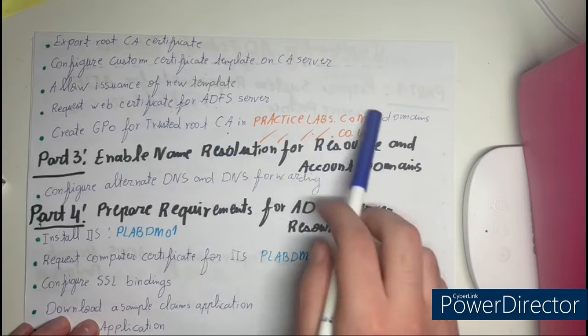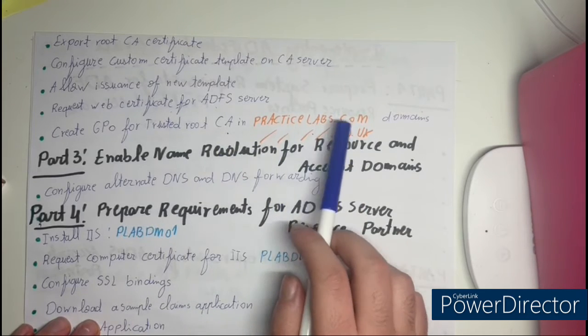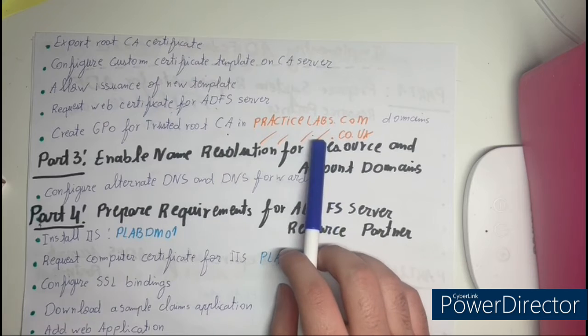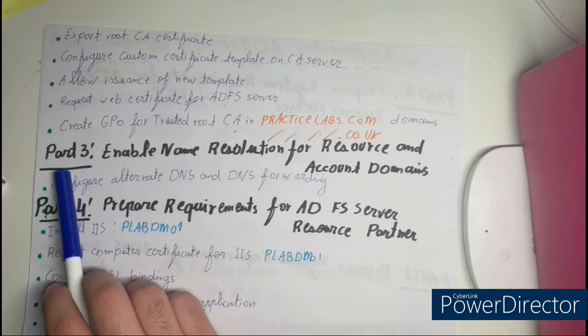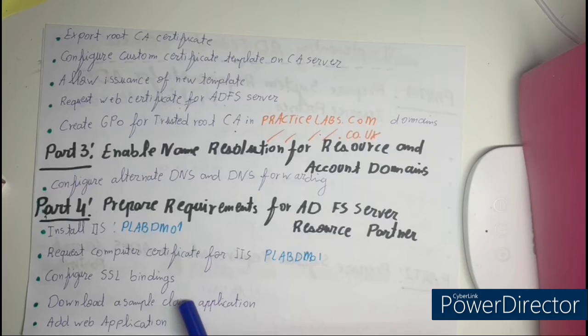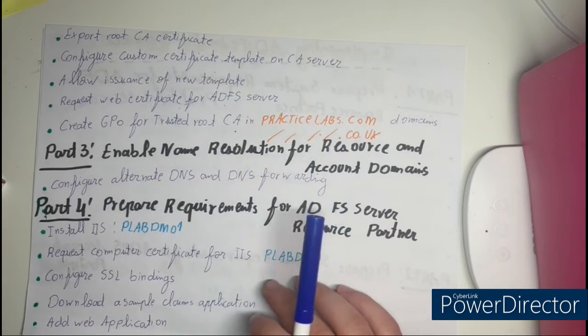There will be two lab domains, practicelabs.com and another one, practicelabs.co.uk. Then in the third part, we'll be enabling the name resolution for the resource and account domains.